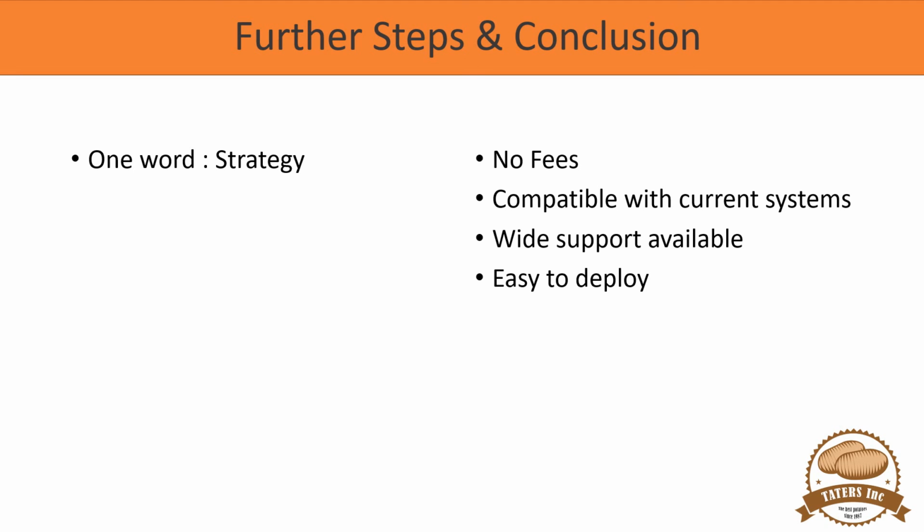It's free. It's compatible with our current systems. We'll be able to use our deprecated systems again once more if we install this OS onto it. The current operating environment that we have will be able to do much more than it can now because it's more efficient. And well, it's very easy to deploy.